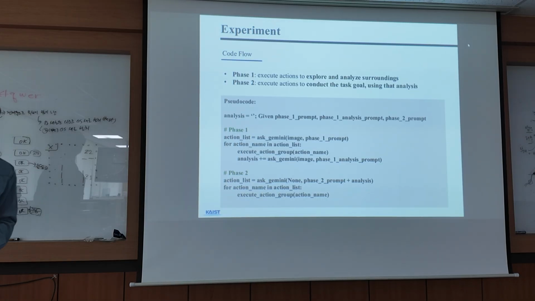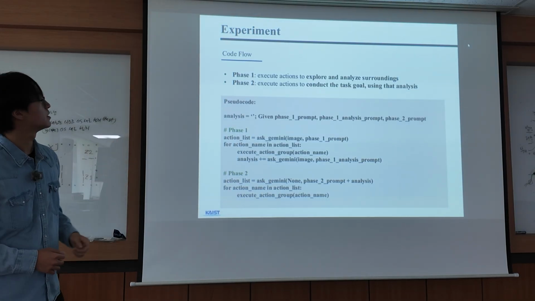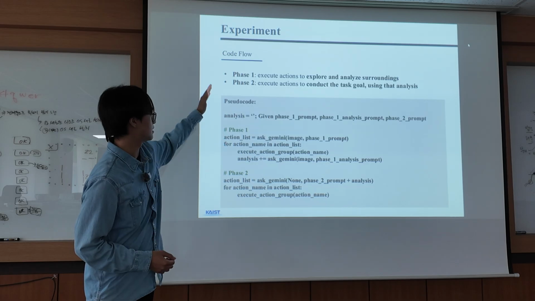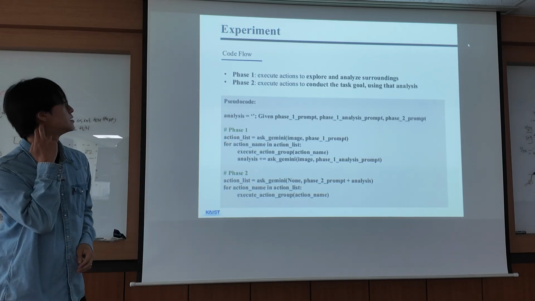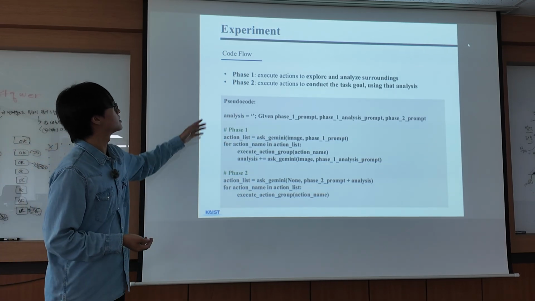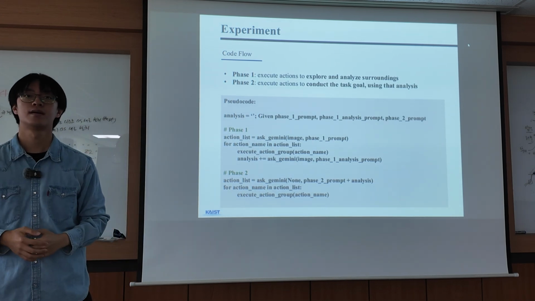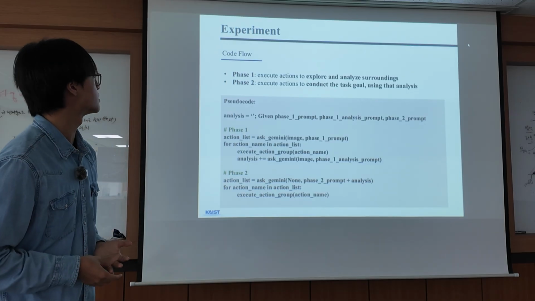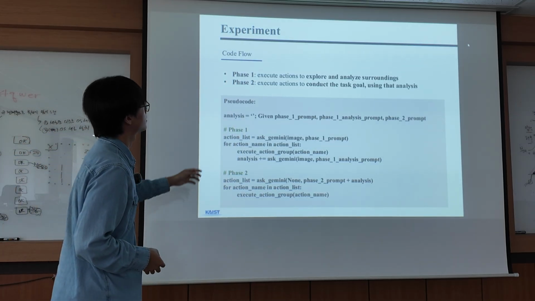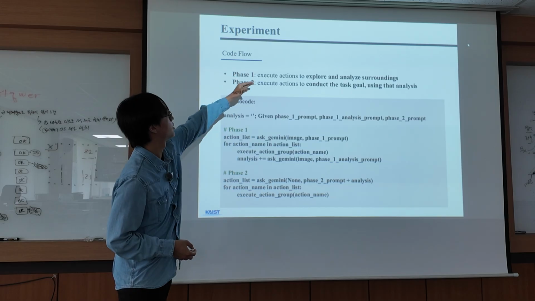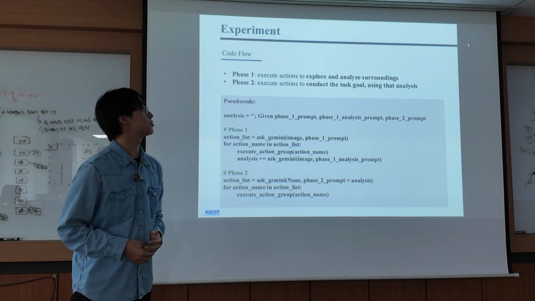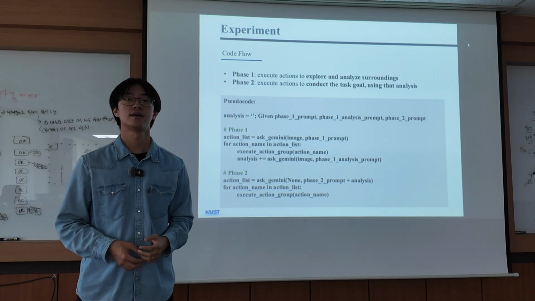Seeing that Python Gemini test, you can write this submission file so that you execute two phases. At the first phase, you should execute actions to explore and analyze the surroundings.